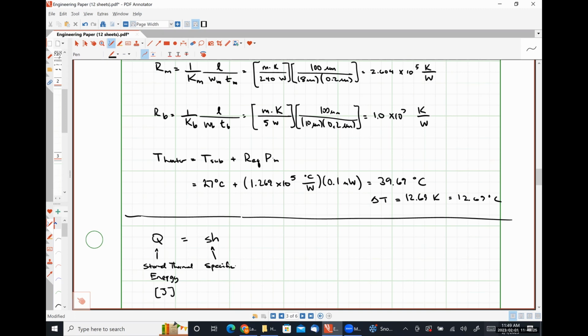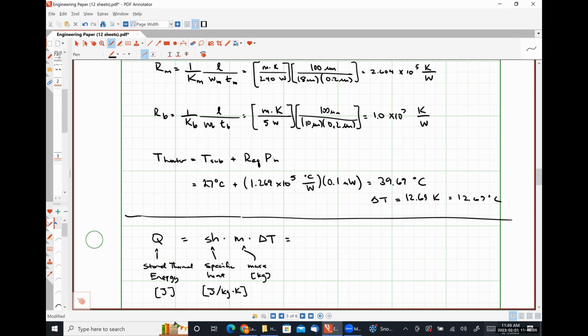Getting back to literally stuff you guys that were here as undergrads learned in your engineering 121 class. Joules per kilogram degree Kelvin times mass times change in temperature. So stored thermal energy is just specific heat times mass times change in temperature.